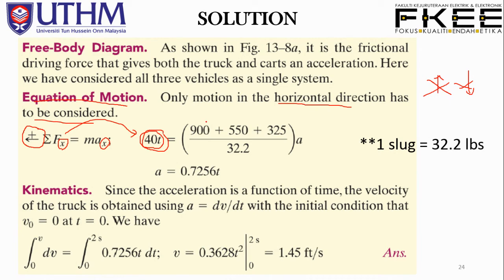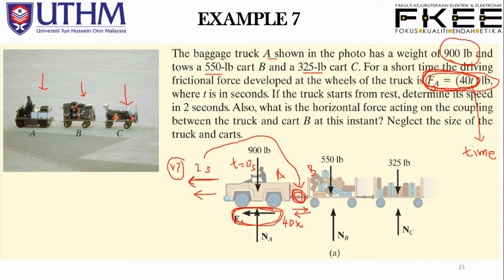This is equal to the total value of m, which is m for truck A plus m for truck B plus m for truck C. If you go back to the question, you may find the value in pounds.